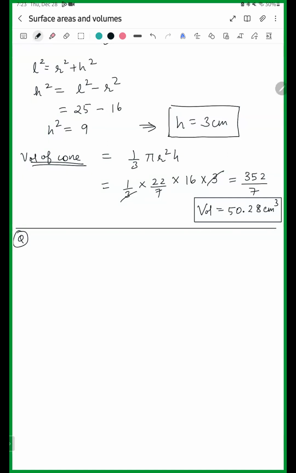Let's do another question. Last question for today. A cone and a hemisphere have equal bases and equal volumes.